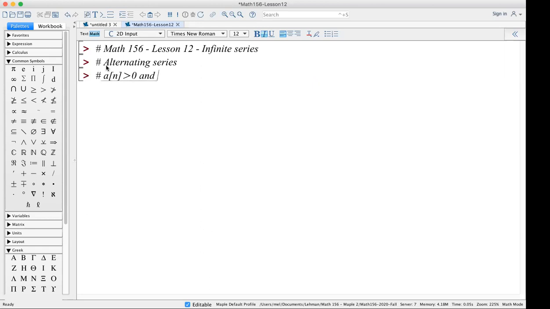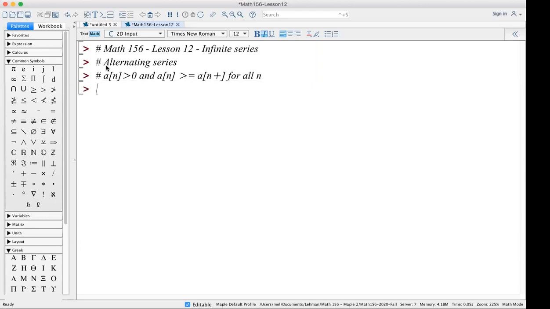So a_n is greater than or equal to a_(n+1) for all n.